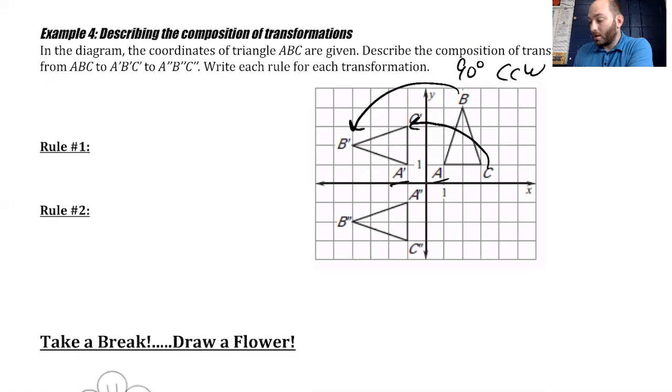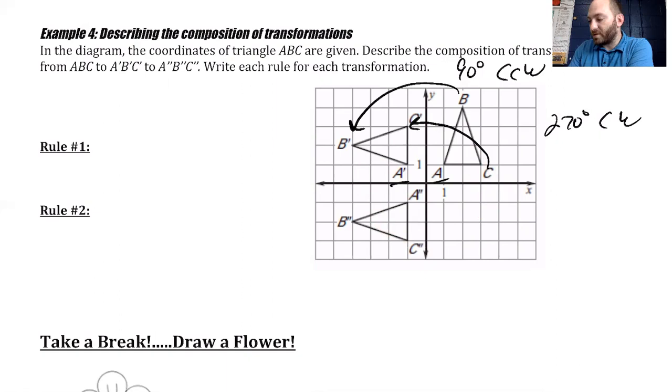Now remember from before when we did our rotations, I could, if I really wanted to, state that it's actually going this way, which then means it's a 270 degree clockwise. That's fine. If you really want to do it that way, it doesn't matter. Both are acceptable here. Because I started with the counterclockwise, I'm going to stick with that one.